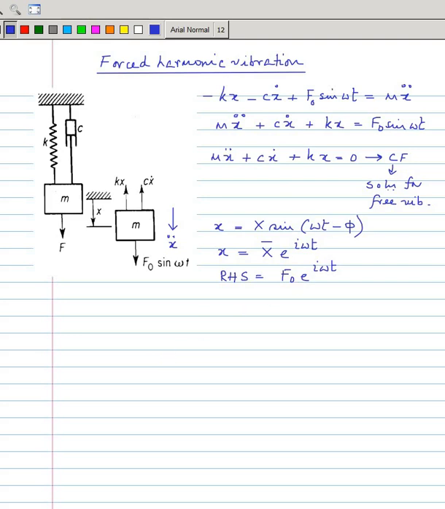So here if you put this here, we get minus omega square m x bar e to the power i omega t, and e to the power i omega t will be common in all terms, so that has to be cancelled out.